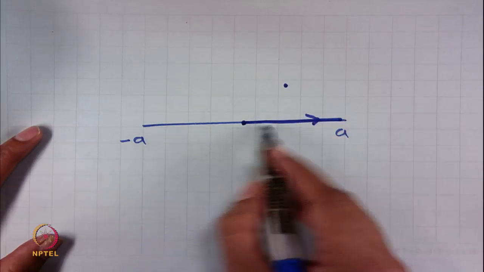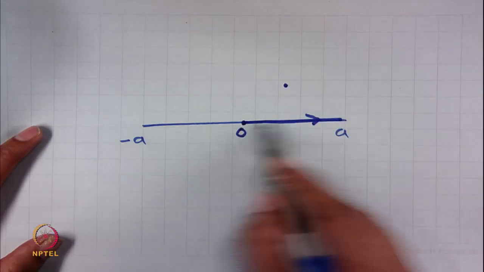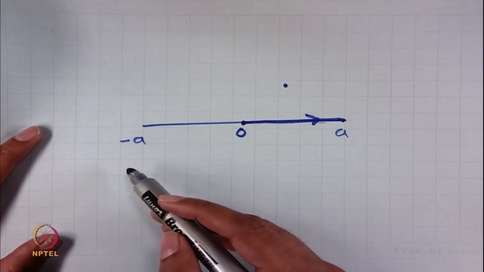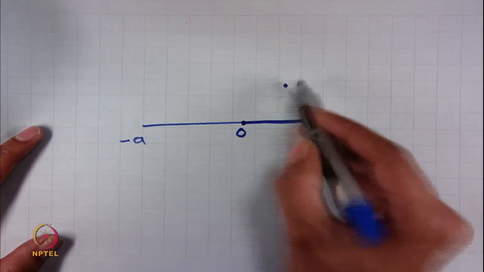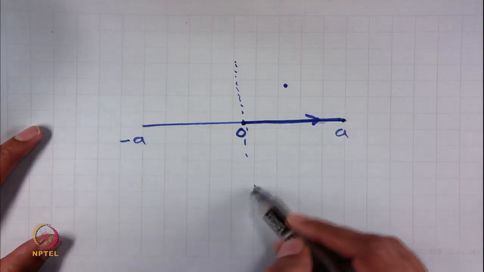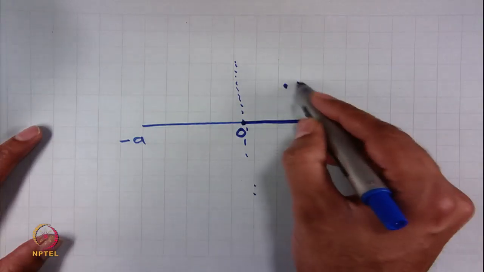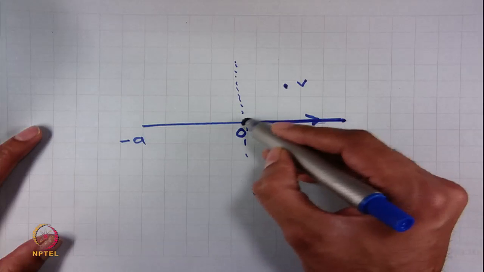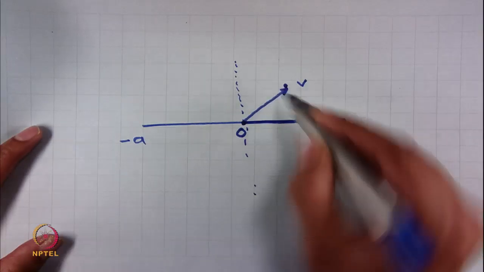So, vector A is from 0 to this point, and let us say I am considering a V vector here. So, what is the inner product of V with A?